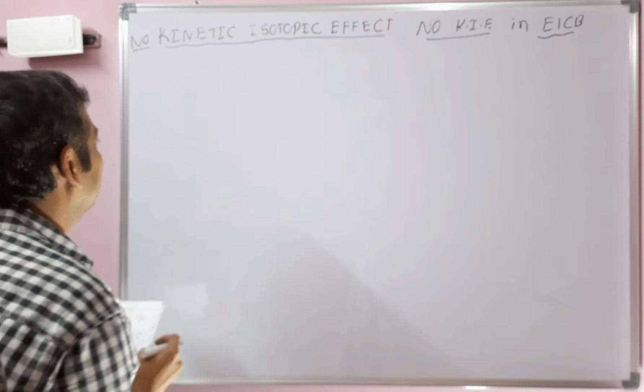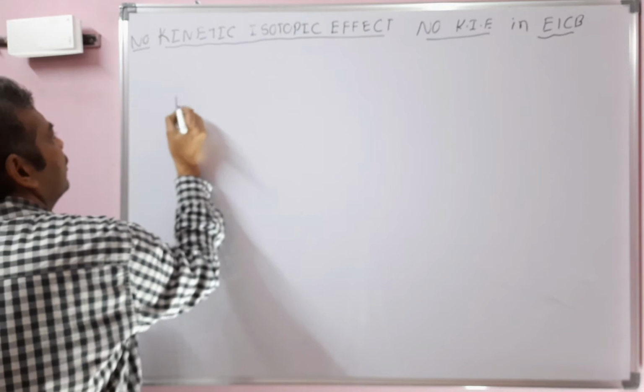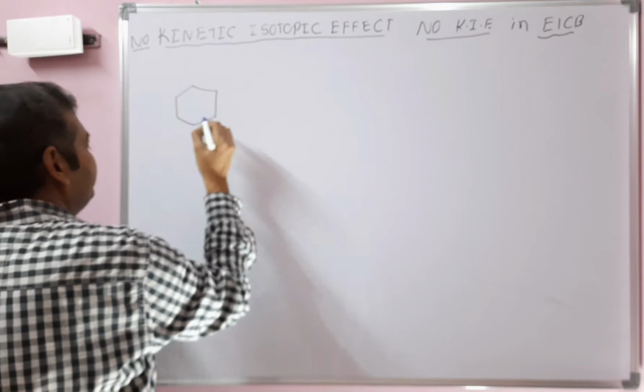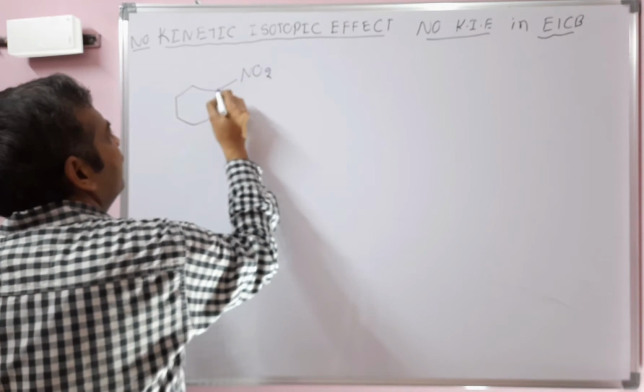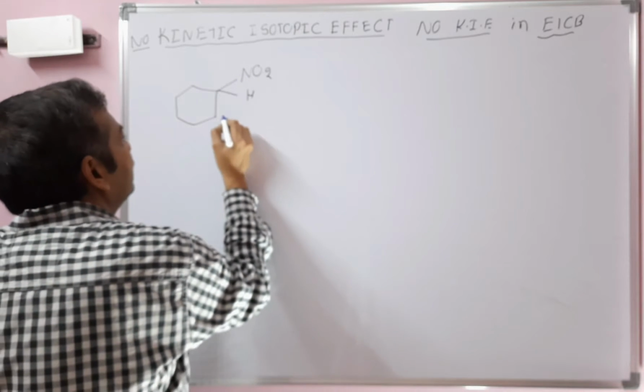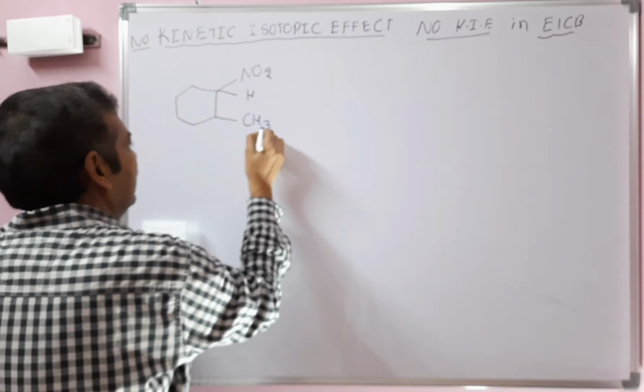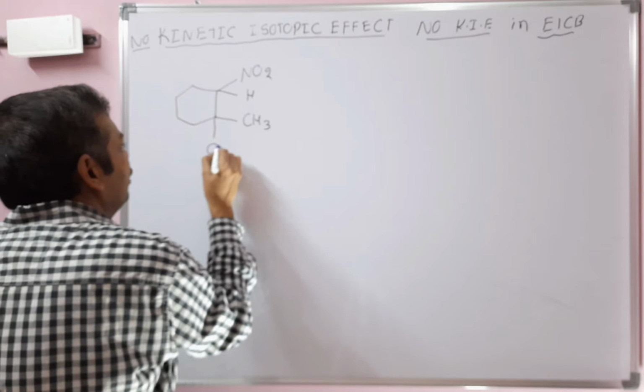The reason we will explain with an example. Take one example: a cyclohexane derivative with hydrogen, nitro, CH3 and O-phenyl.